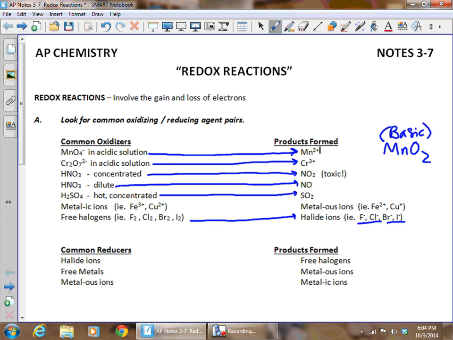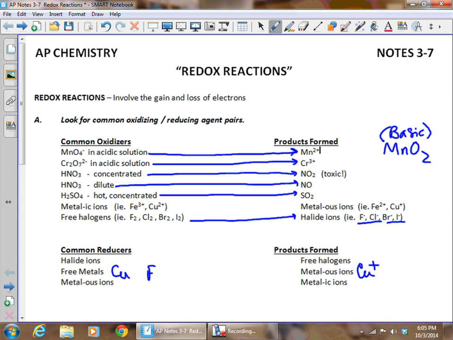The free metals go up to the metallous ions, that lowest common oxidation state. So copper, for instance, might go up to copper plus.